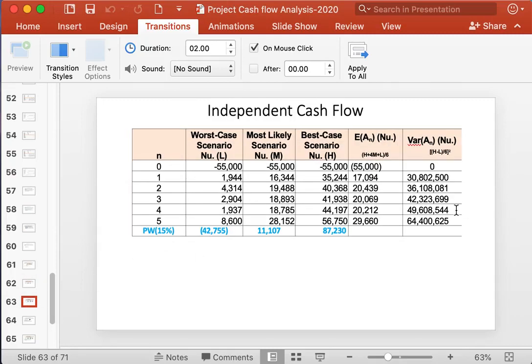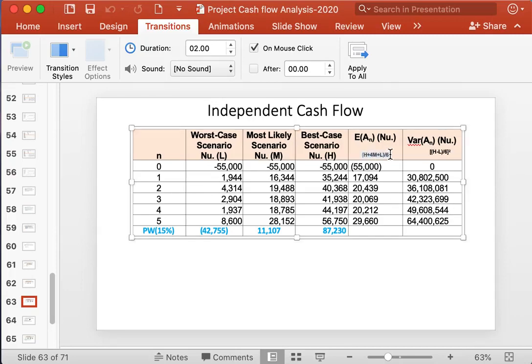So which you can see here using this formula you calculate the expected or mean cash flow for each period. Similarly, using this formula for the variance, which was derived using beta probability distribution function, you calculate the variances of this expected cash flow for each of the periods.